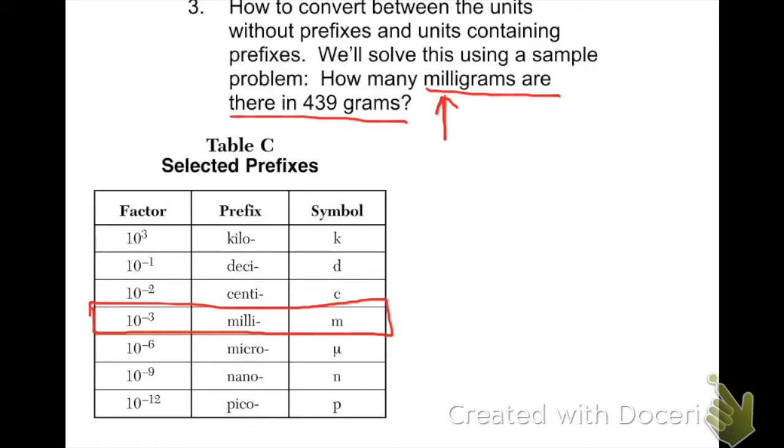So we're going to take this and make our conversion factor with it. So remember, we put our base unit behind the factor. We have an equal sign, 1 in front of our symbol, and then our base unit behind the symbol.